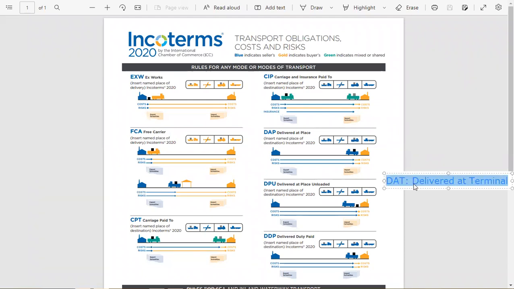This is the full name, and in Incoterm 2020, DAT is replaced by DPU.